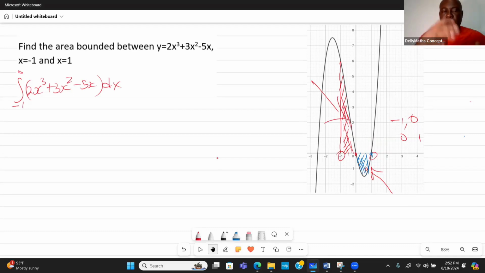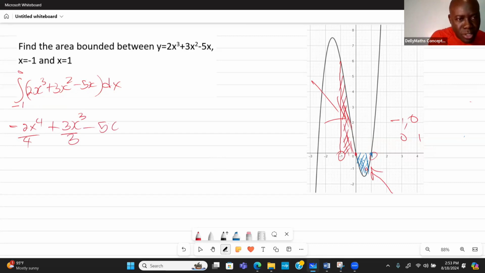As we say, this part is the part above the x-axis, right? So let us do a quick integration of this part. So it's going to actually be 2x raised to the 4 over 4 plus 3x raised to the third over 3 minus 5x to the second over 2. All right, so that's what we have.